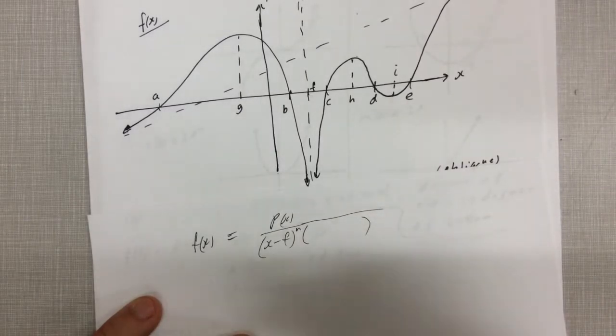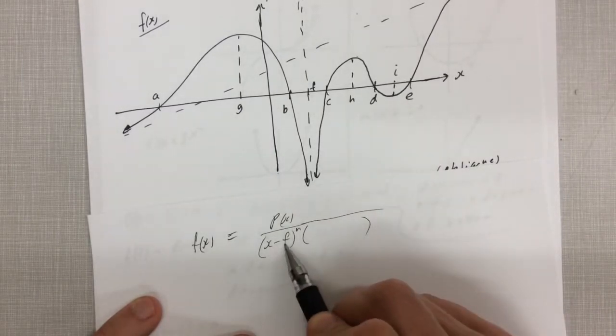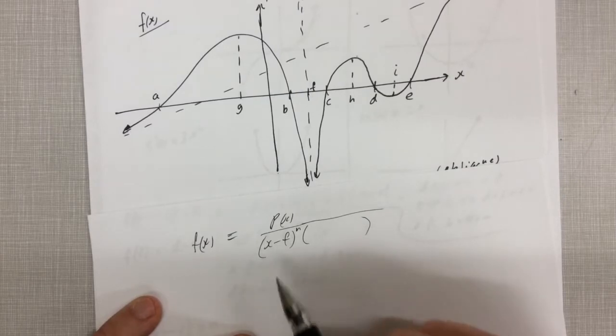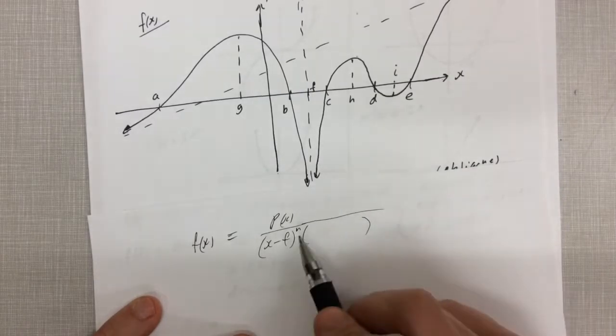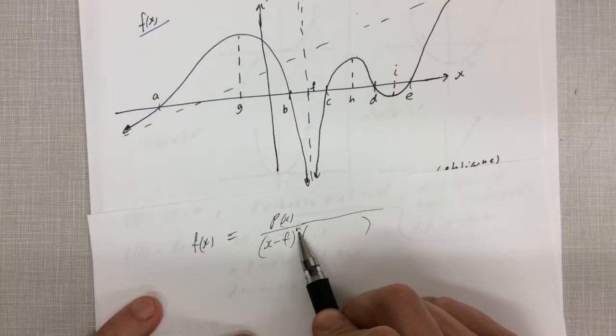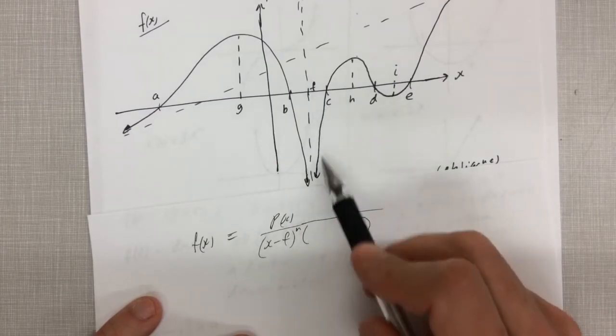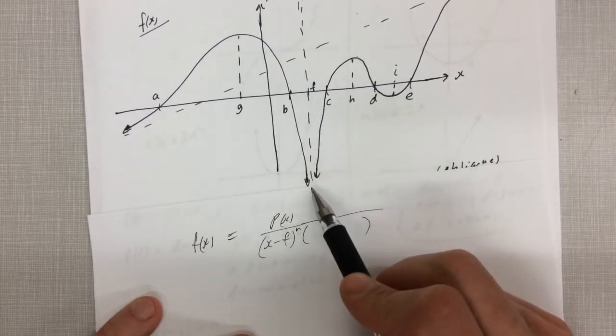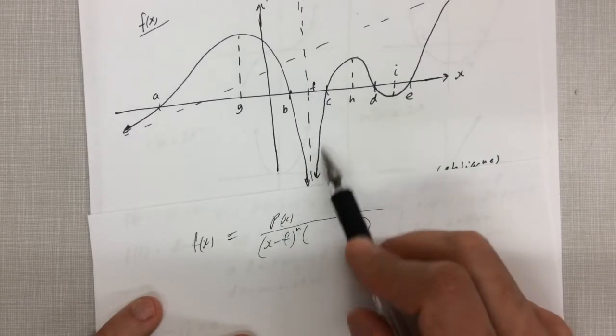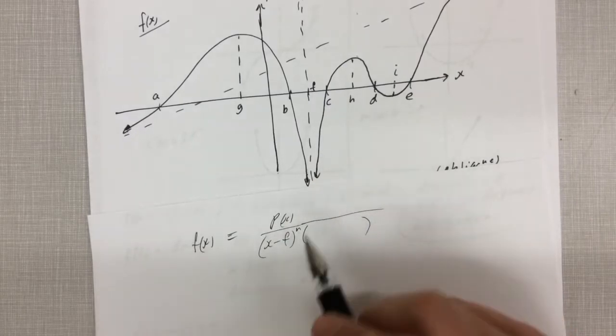Okay, because it's going to be undefined at x equal to f. Most likely this is going to be an even power because the function heads in the same direction around that asymptote.